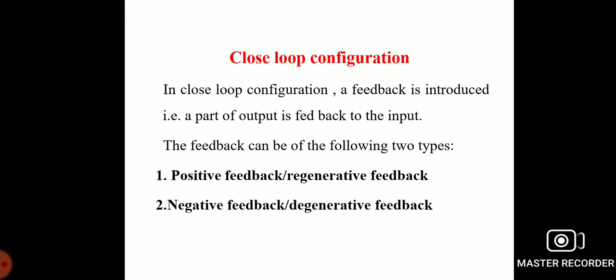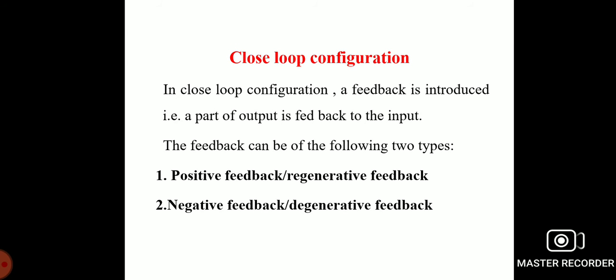Now what is positive feedback? If the feedback signal and the input signal are in phase with each other, then it is called positive feedback. Positive feedback is used in applications such as oscillators and Schmitt trigger regenerative comparators.